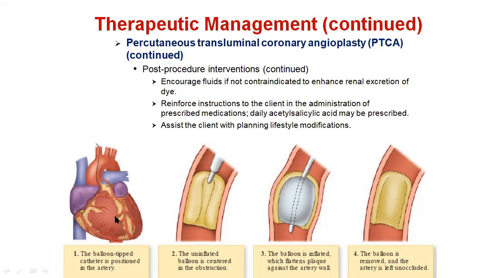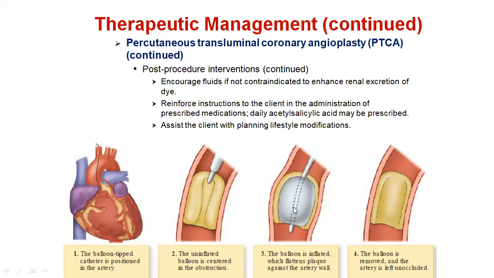In picture number 1, the balloon-tipped catheter is in position in the artery. In picture number 2, you can see the yellow color, the plaque formation, and the uninflated balloon.